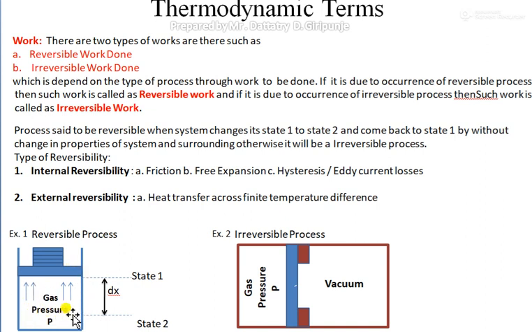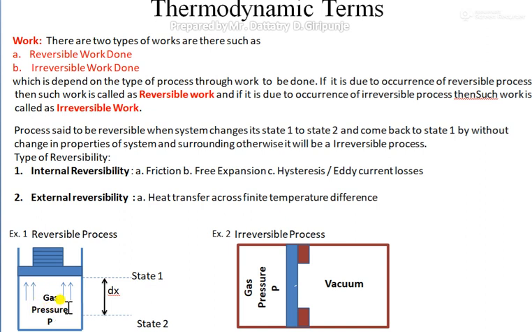As gas pressure P is present, and I am adding a very small weight on the piston very slowly, what will happen? The pressure P goes on building up as the piston moves downward, and as the process is very slow, the temperature generated inside the system will not rise that much, because I am adding very slow weight on it.